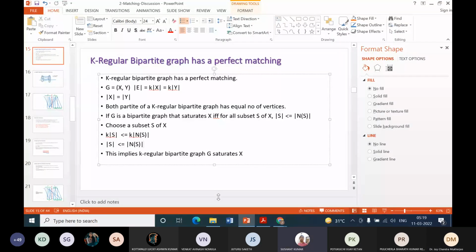So basically, S is a subset of X, so there are mod S vertices. How many edges are coming out of it? K into mod S. This many edges are coming out of this S.